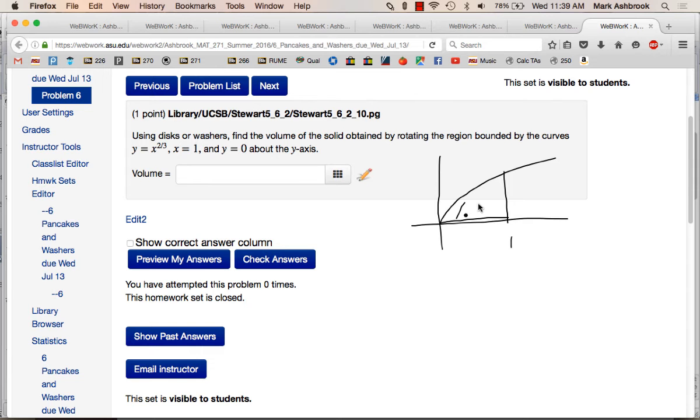So here's our region. That's 1. And we're going to rotate that about the y-axis. At 180 degrees, that's what we'll have.